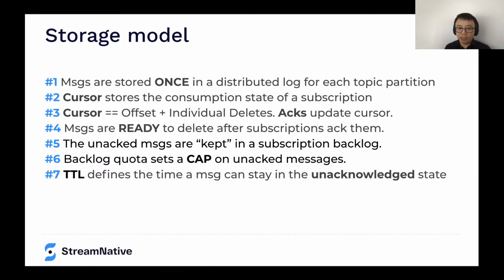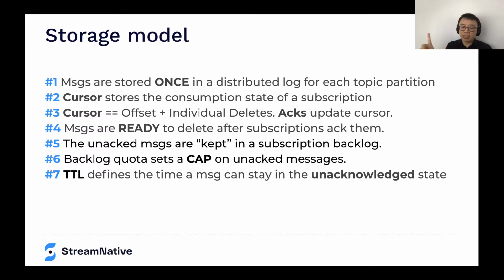Another takeaway is that TTL defines the time a message can stay in an unacknowledged state. And TTL expires in sequence. Just remember, it's in sequence. If you have a message that has a bit earlier published time and it's already expired, but the cursor is still not moving over the closest messages, those messages will not be marked as acknowledged.